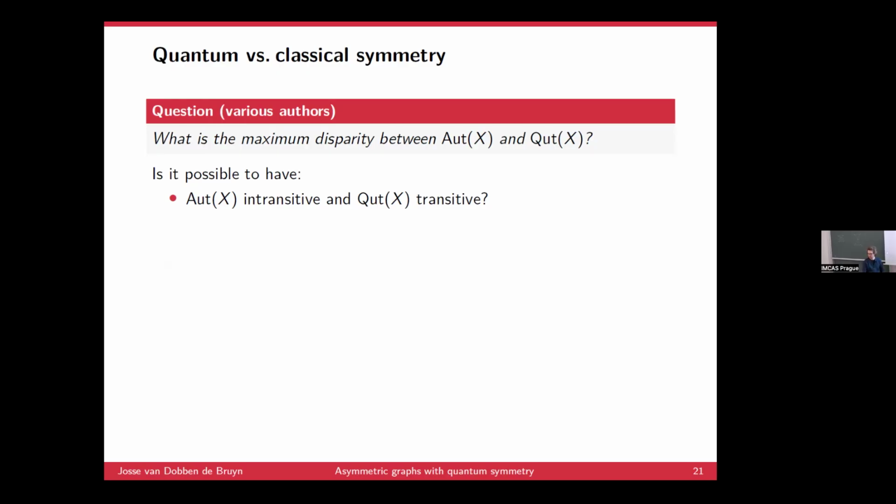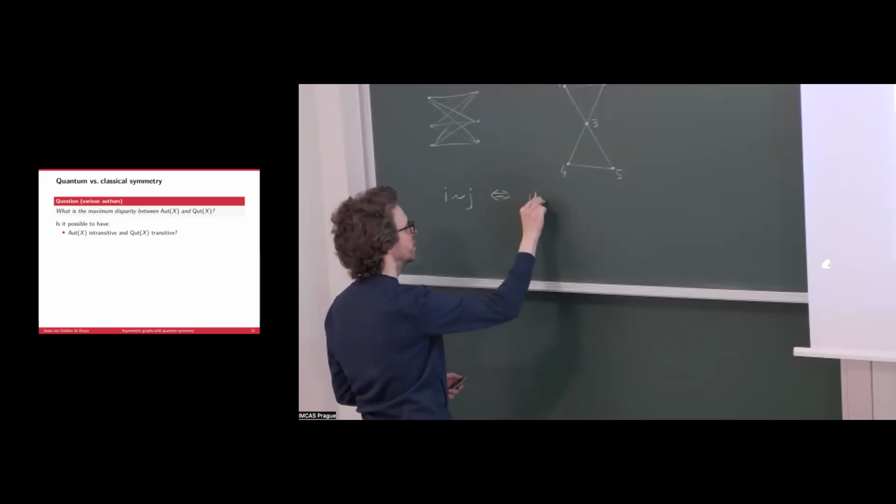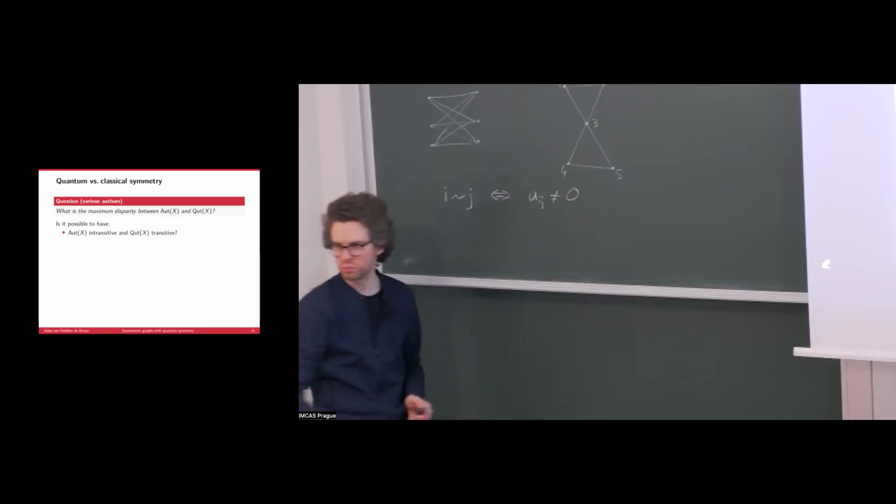I'm not going to define them. Actually, I will define them. It's very simple. I didn't put them on the slides though. So you can define two vertices to be equivalent if and only if uij is not zero in this quantum automorphism group.